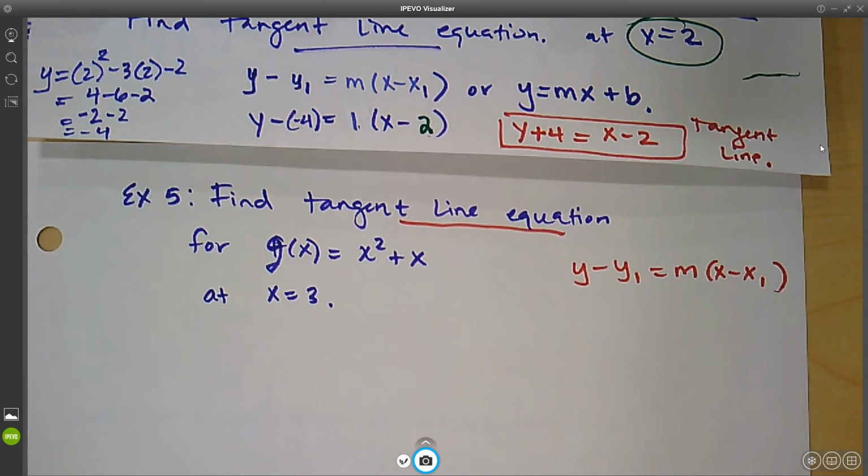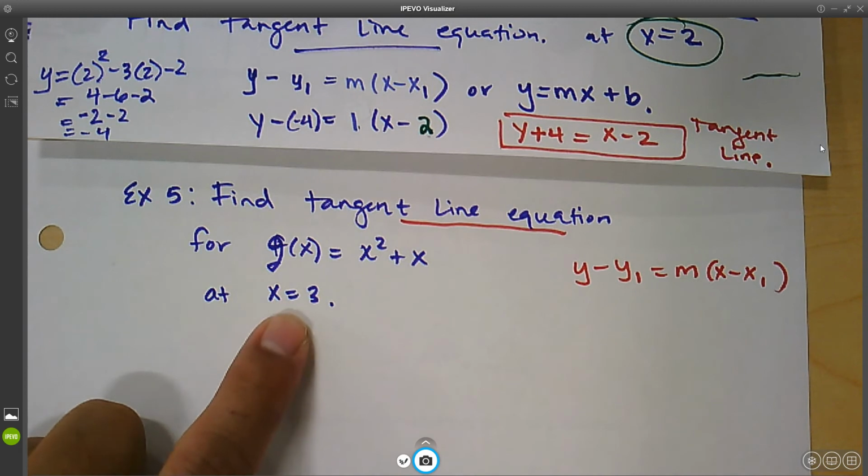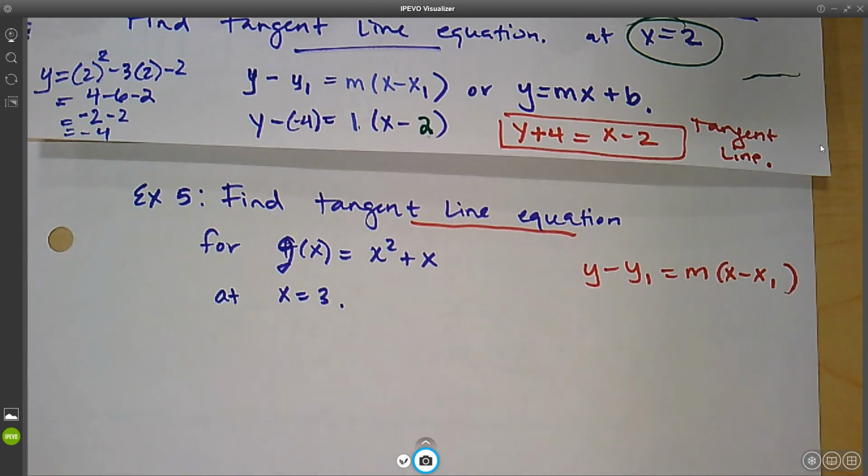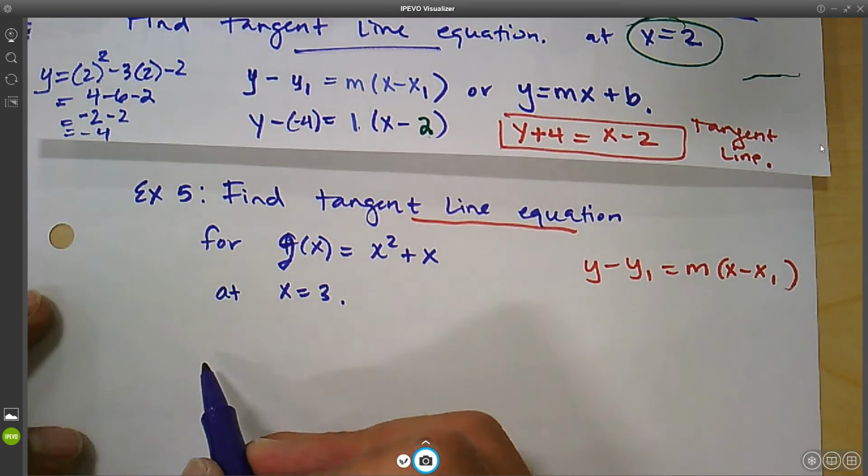Okay, you guys have a couple options now. Do you want to use the c limit definition, or you want to use the delta x definition of the derivative? Okay. Since this one gives you the instance x equals 3, you could do the c limit definition. But you can just find g prime of x. So let's just do the delta x one first, because it'll just be more practice.